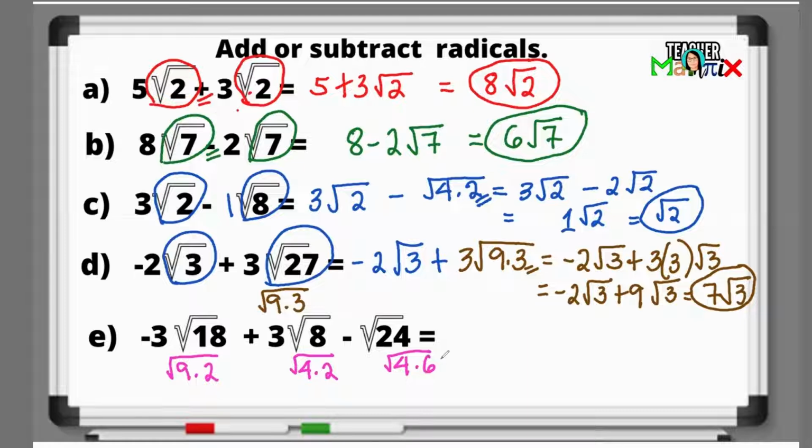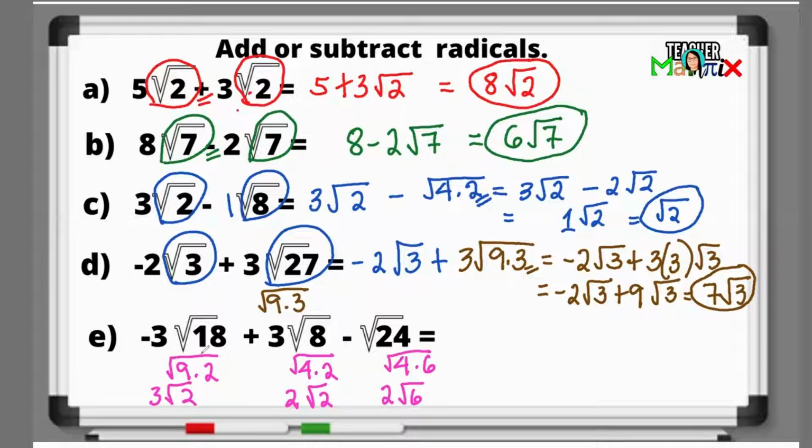Okay, let's now start. The square root of 9 is 3. So put the 3 outside and copy the remaining 2. In here, the square root of 4 is 2. Then copy the remaining 2. And for the last, the square root of 4 is 2. Put it outside and copy the remaining 6, because the square root of 6 is a decimal number.